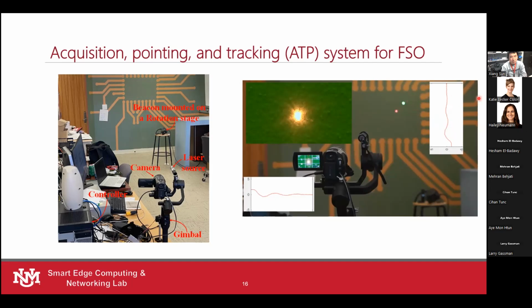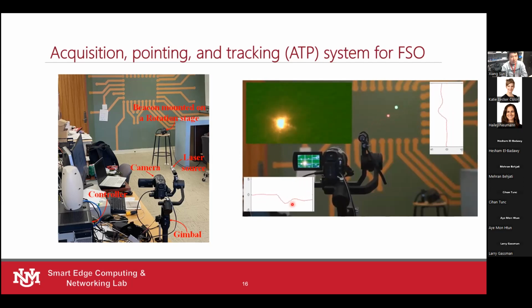One thing I want to mention here is that the red dot represents the beacon signal, which indicates the location of the UAV's movement. And the green dot is the FSO beam being transmitted from the base station to the UAV. The goal here is that as the red dot moves around, the green dot needs to be adjusted accordingly to keep the same distance to the red dot.